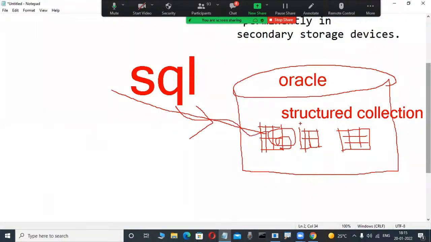But databases like MongoDB are different. There is no SQL there; you use languages like JavaScript. But SQL is a separate language, and through it we operate on data in these types of databases.